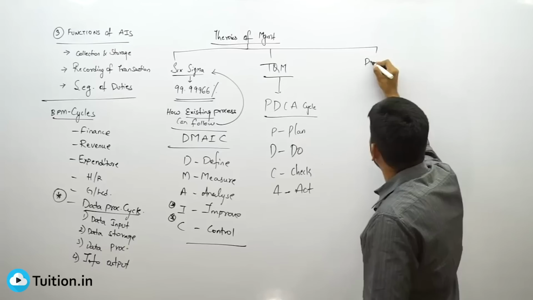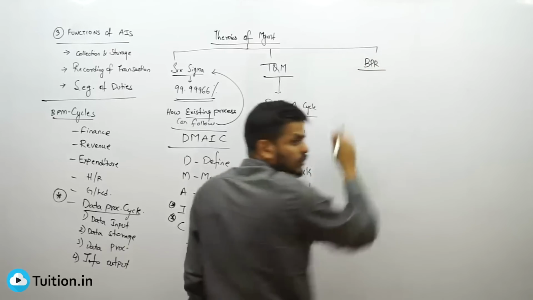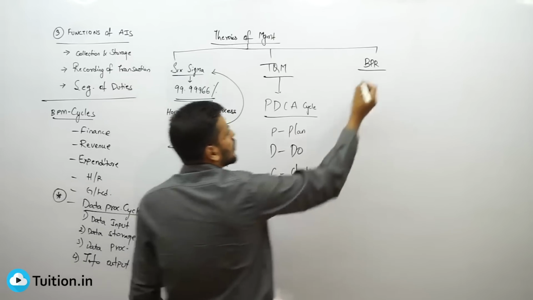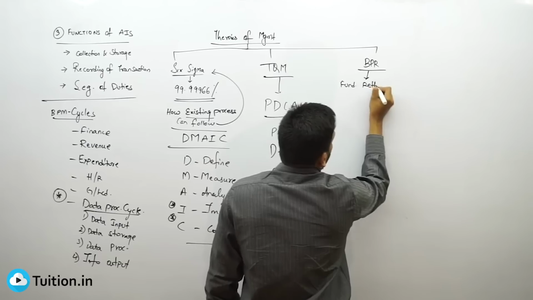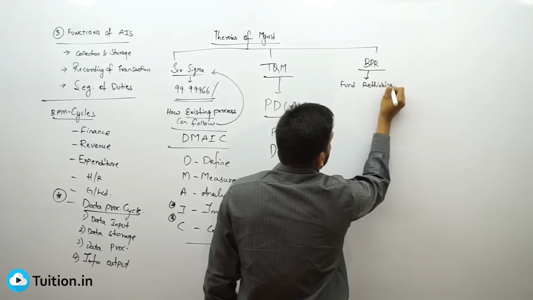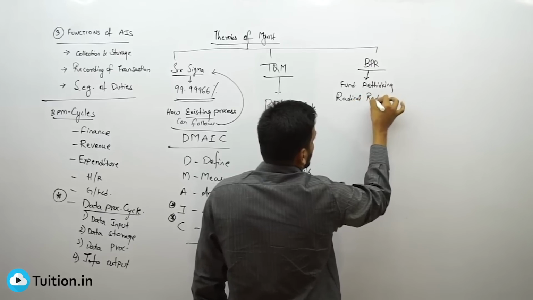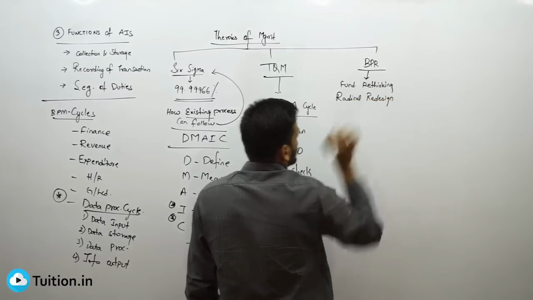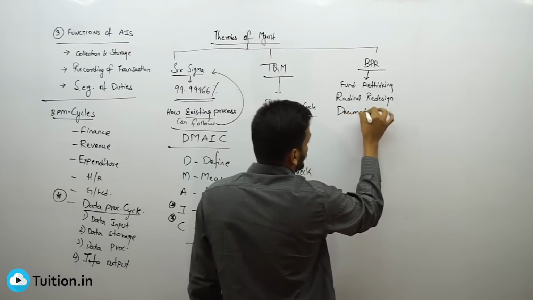The third one is a dramatic transformation concept called business process re-engineering. BPR is all about three things, guys. What are those? Fundamental rethinking, radical redesign, and achieving dramatic improvement.